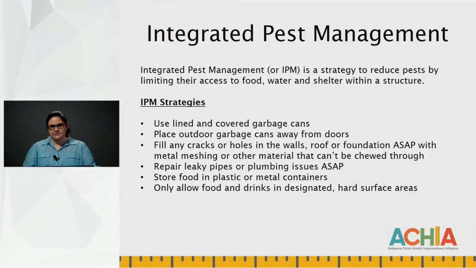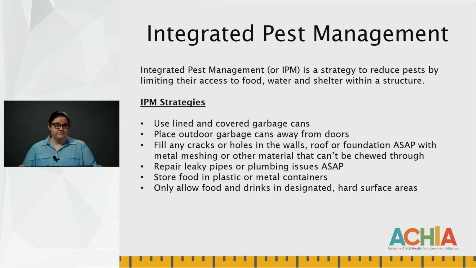So as promised, we're going to talk a little bit about integrated pest management strategies. Integrated pest management is just a term for strategies to reduce pests by eliminating access to food, water, and shelter within structures.